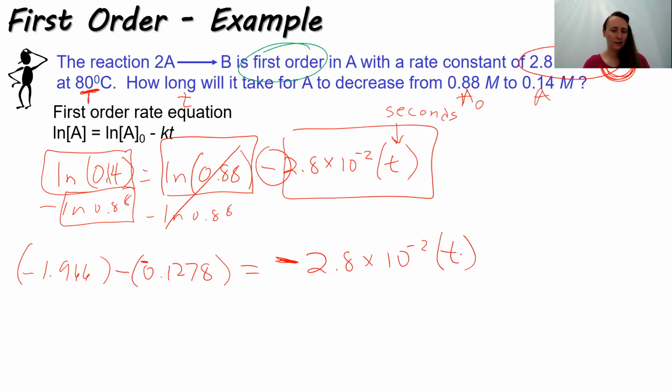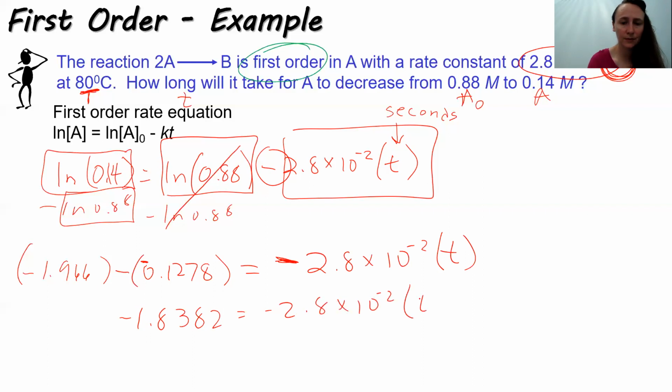All right. So the negative 1.966 minus the negative 0.1278, we get negative 1.8382 equal to negative 2.8 times 10 to the negative 2 times the time.